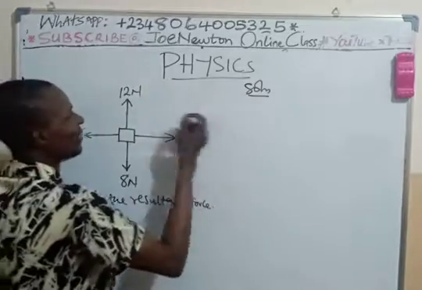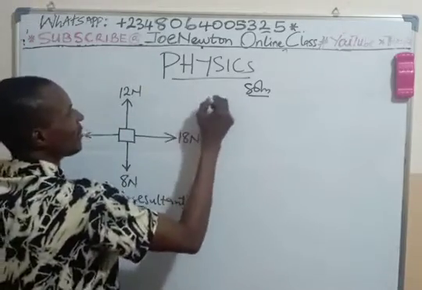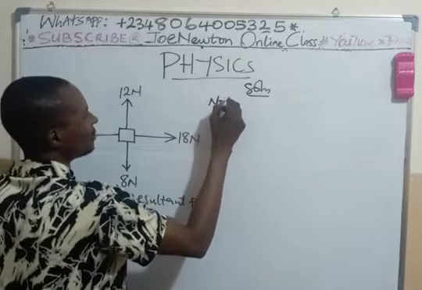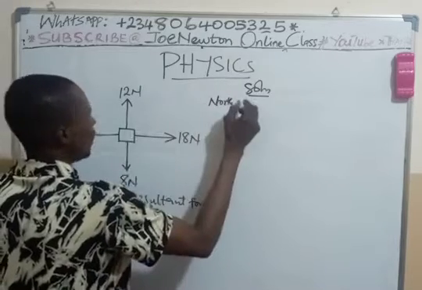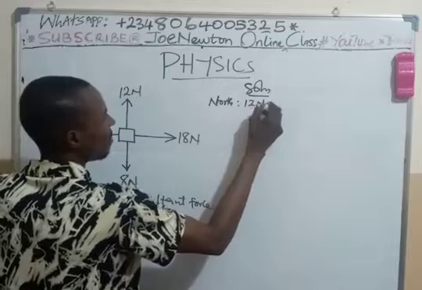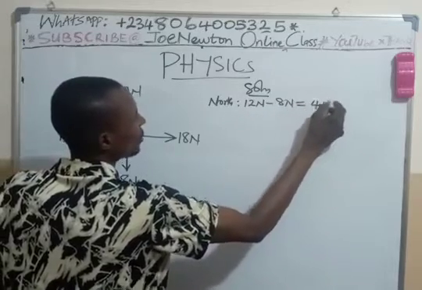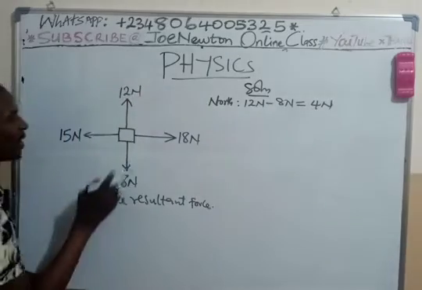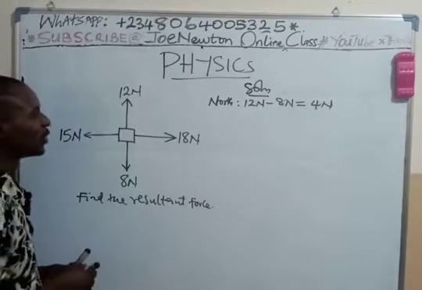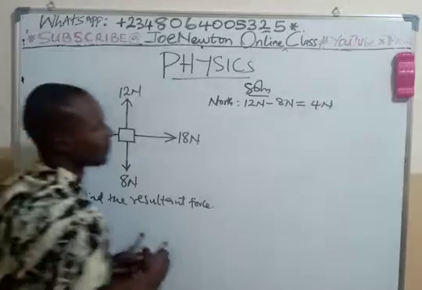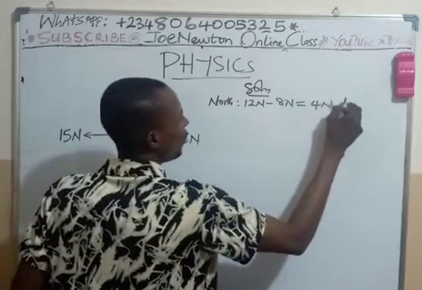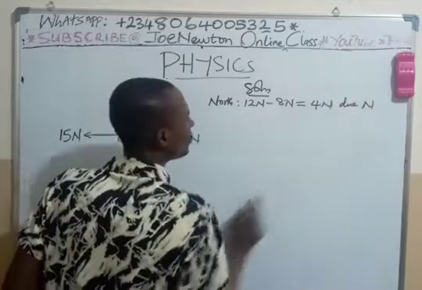So for the north, we have that 12 Newton minus 8 Newton will give us 4 Newton. This 4 Newton should act towards north. So 4 Newton due north.